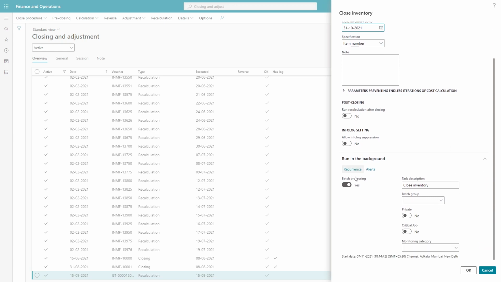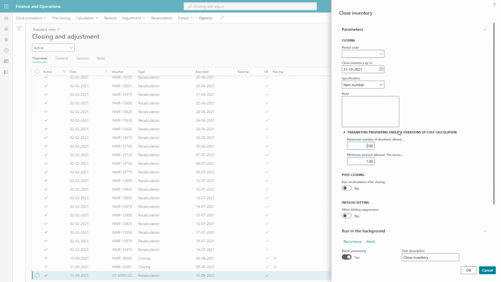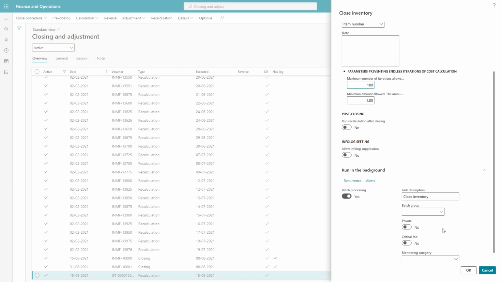Okay, batch processing. So I'm putting this into batch process right now. We have a few additional parameters, but it's okay. Just keep the default values. We'll get into more details of each and every parameter in a separate video.